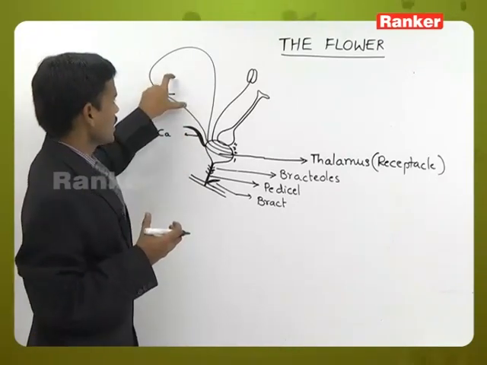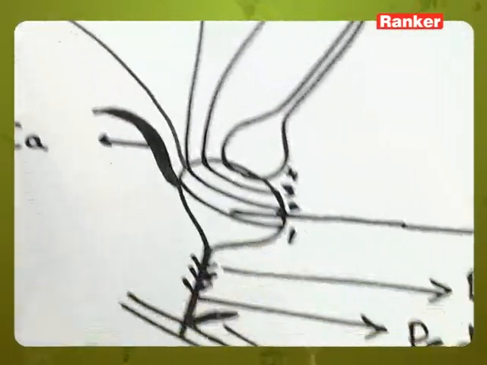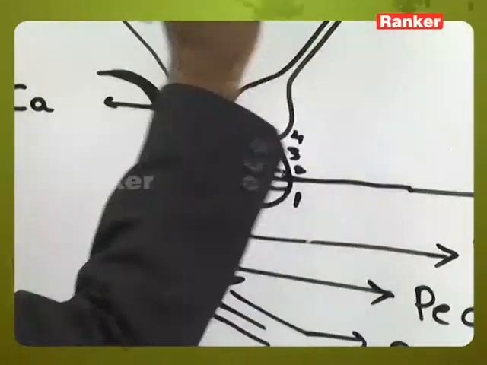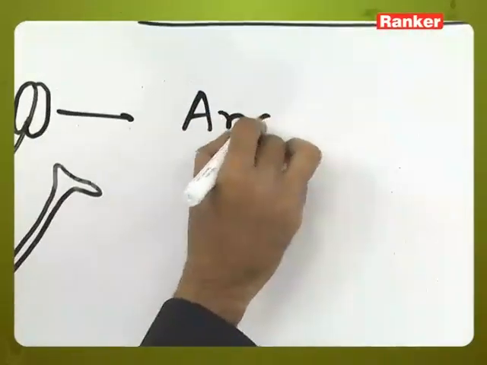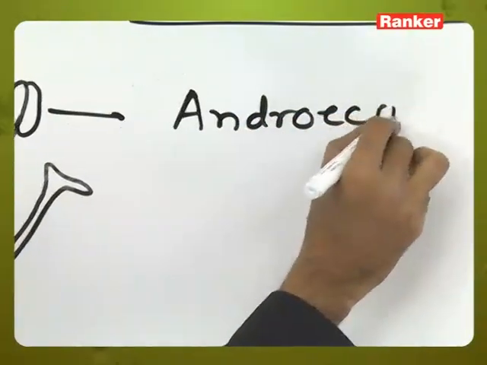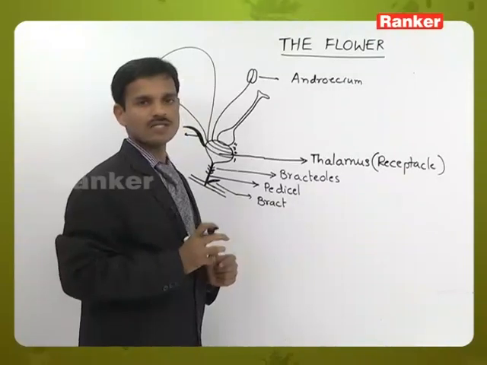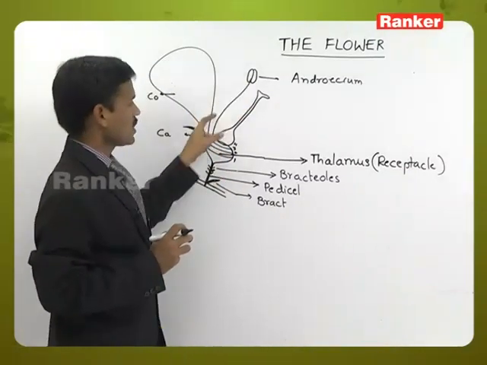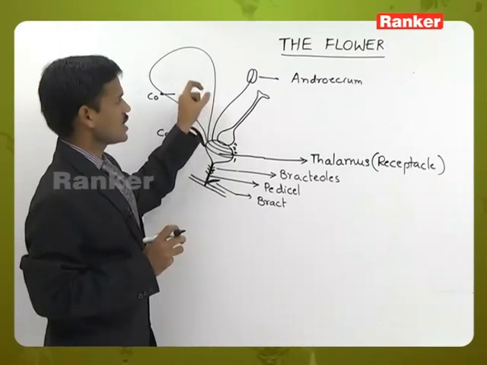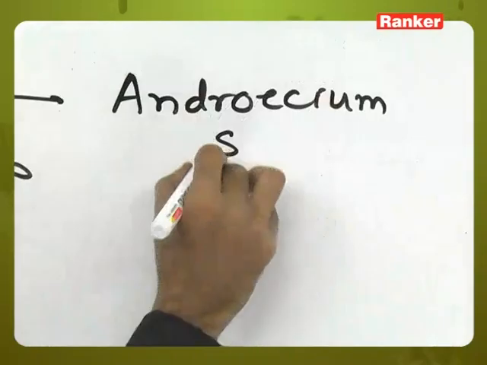So the petals are present on the second node, and at the third node androecium or stamens are present. At the third node, the whorl is called as androecium. The androecium is having a number of leaf like structures, or modified leaves, called as stamens.